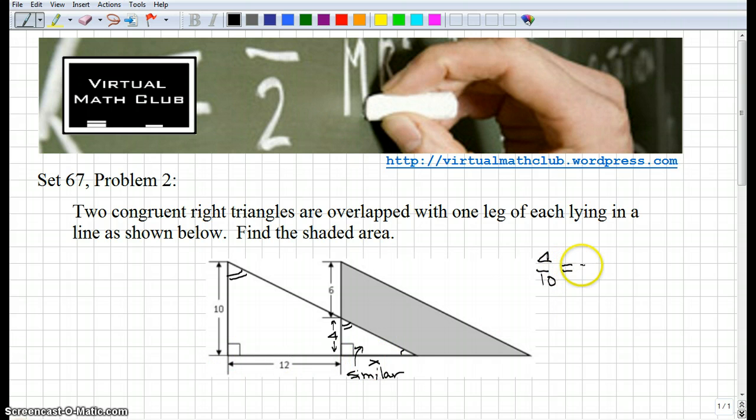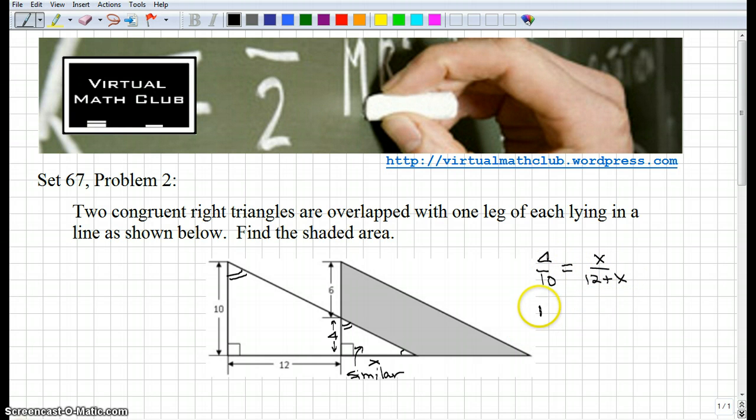Okay, so x over 12 plus x is equal to 4/10 as well, because again, it's just a scaled down version, and the scaling factor is 4/10. Okay, so we can solve this if we cross multiply, or essentially multiply both sides by 12 plus x, and then multiplying both sides by 10 as well.